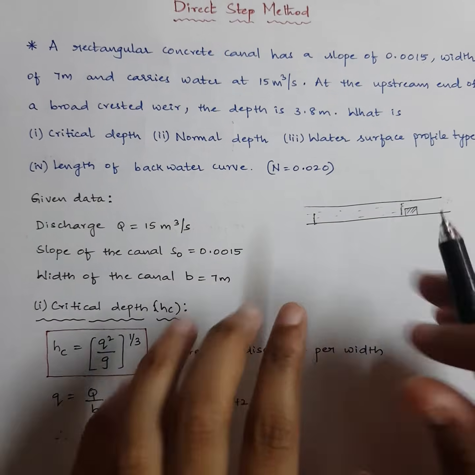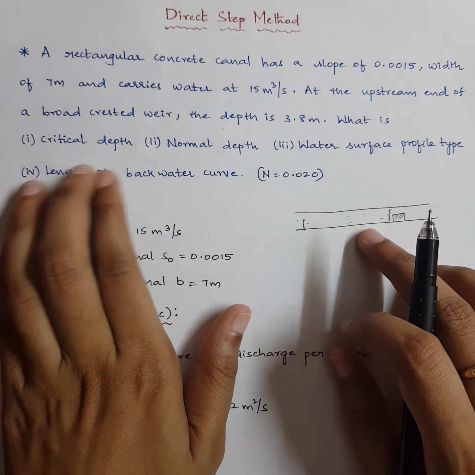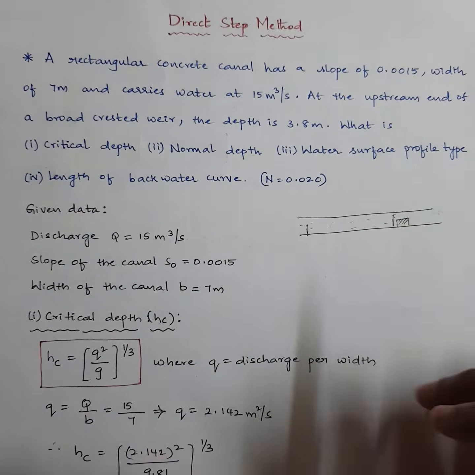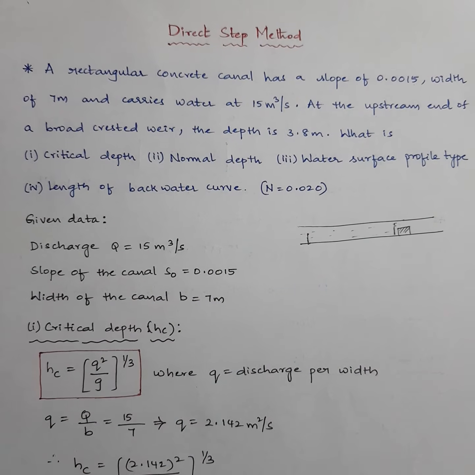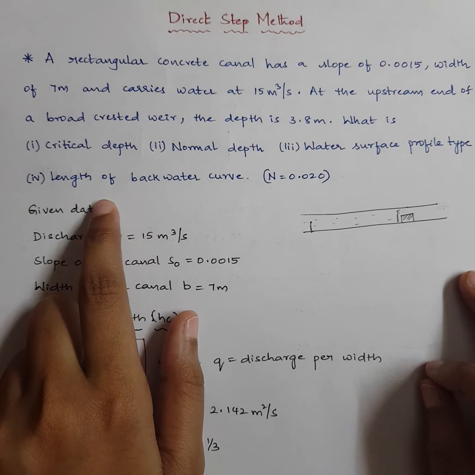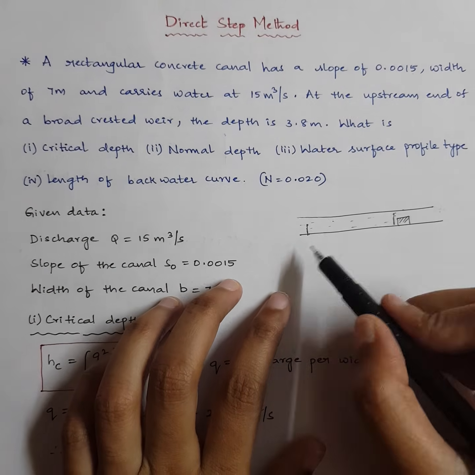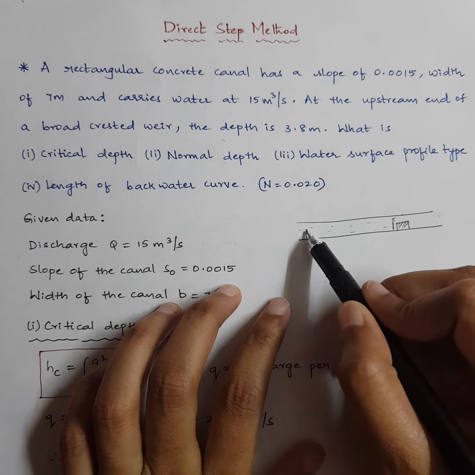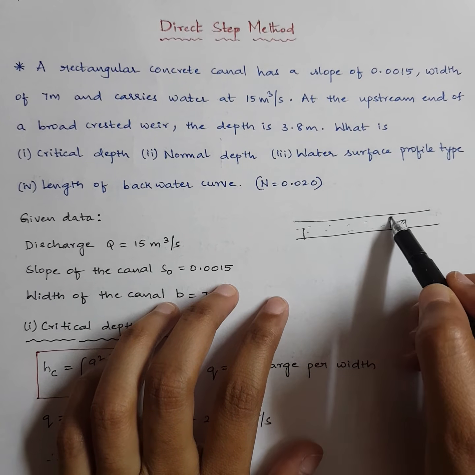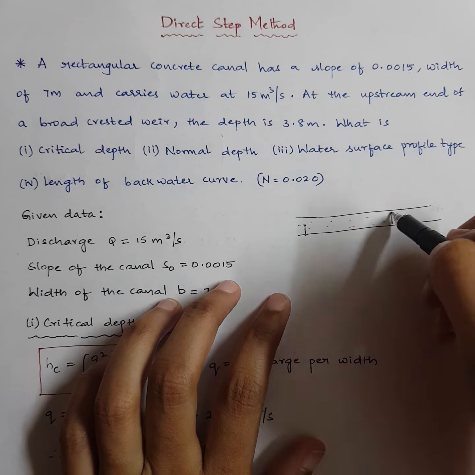If the question did not ask for the length of the backwater curve, you could stop the problem at the water surface profile type M1. But in general, they will not stop like that. They will ask you what the length of the backwater curve is. So for this, I have the depth of flow here as 1.195 meters, and here the given depth 3.8 meters.